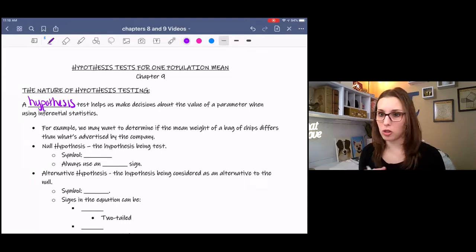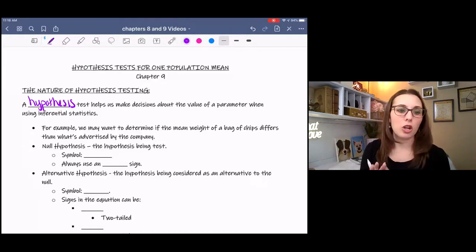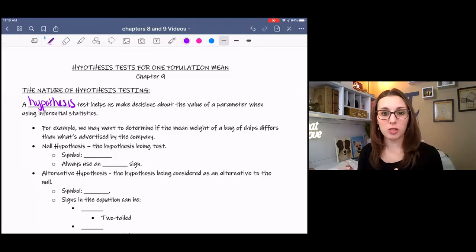In descriptive, you're just describing your data set. Inferential means that you take those descriptions and make generalizations about the population. So this is for inferential statistics because we're trying to make a decision about a parameter, which is a value that describes a population.